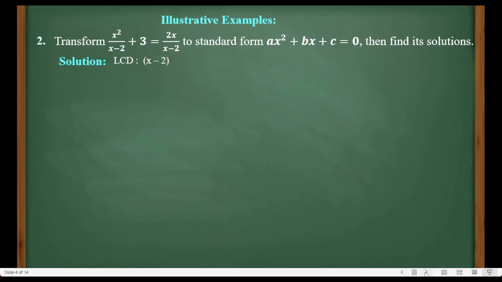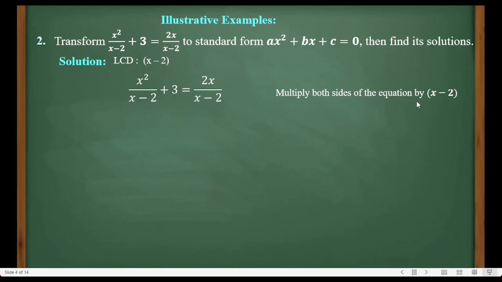Now, what shall we do with the LCD? This is the one we're going to use to eliminate the denominator x minus 2 by how? By simply multiplying both sides by the LCD x minus 2, meaning each term on both sides must be multiplied by the LCD x minus 2.